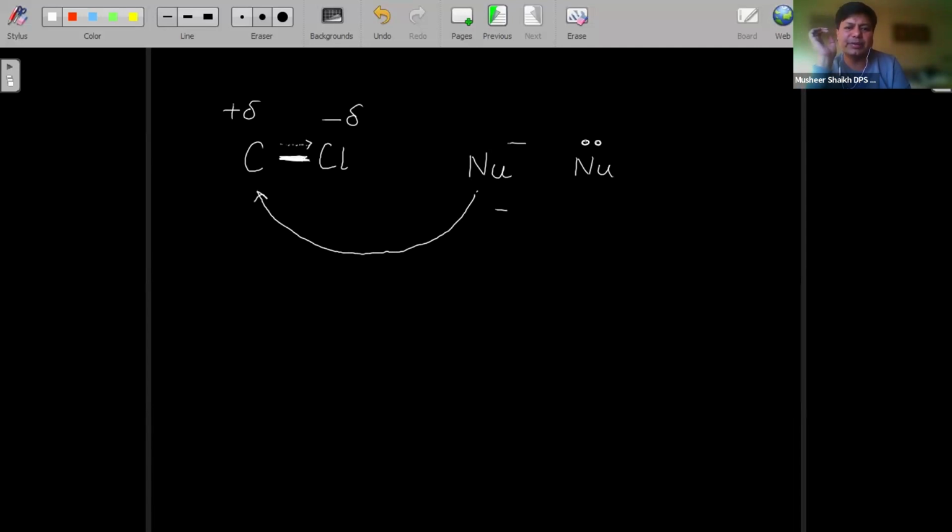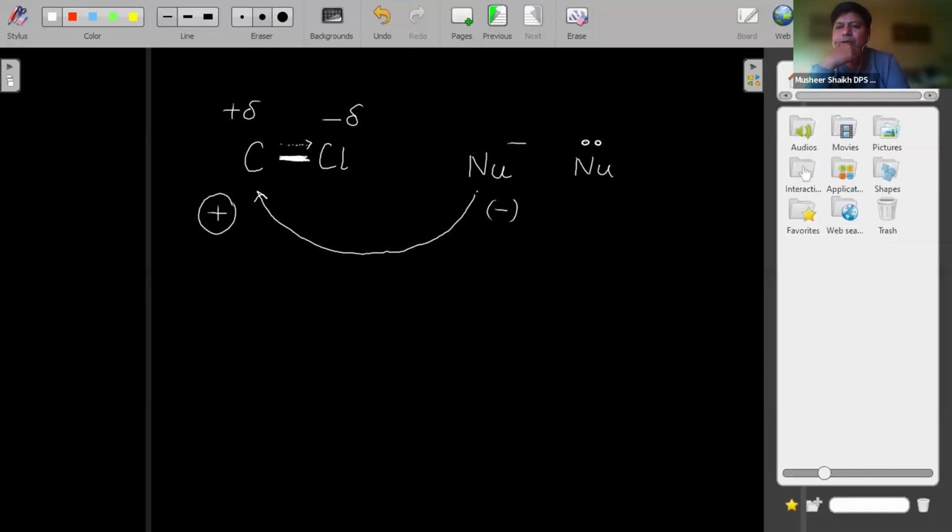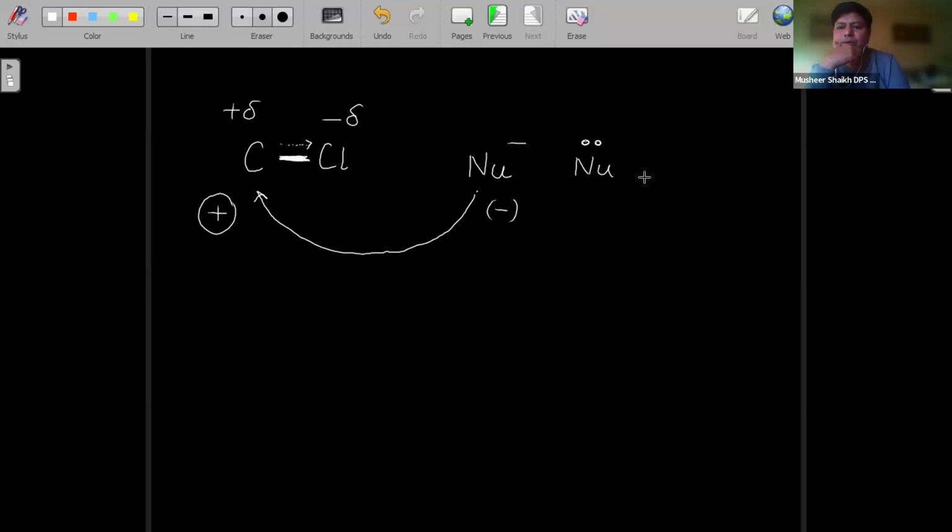Because the nucleophile is negative and the carbon of the haloalkane is slightly positive because of the polarity. And if an electrophile has to attack, it will not select the carbon, but it will attack on the halogen part, because an electrophile is positive, electron loving.